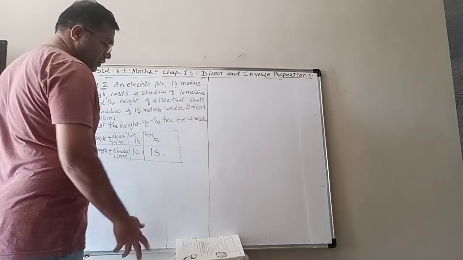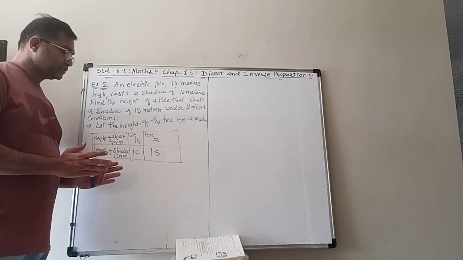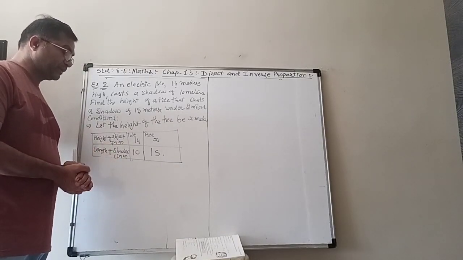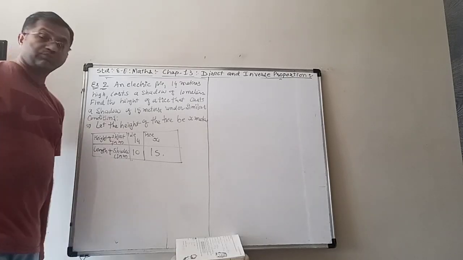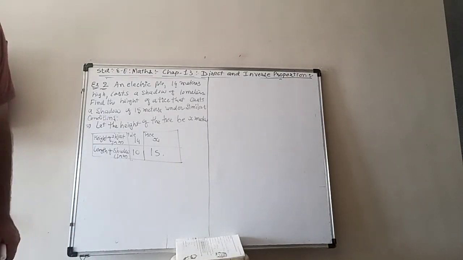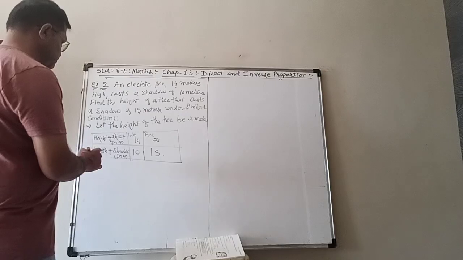Now we know that there is a direct proportion, because if the height is more, the length of the shadow is more.